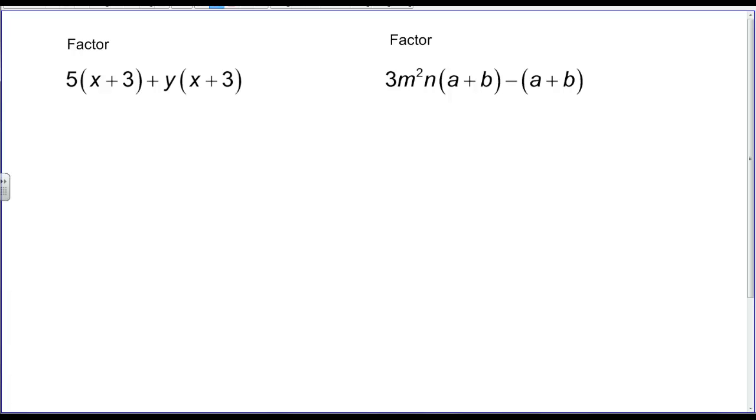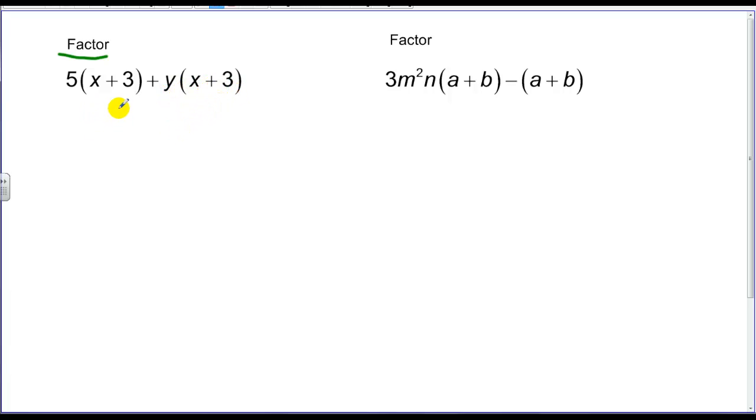So this next problem is much more difficult. In this case, you're given directions to factor, but it looks like a distribution property. Well, that's not the case. In each of these terms, you'll see there's a common multiple. This says 5 times the quantity of x plus 3, and this says y times the quantity of x plus 3.